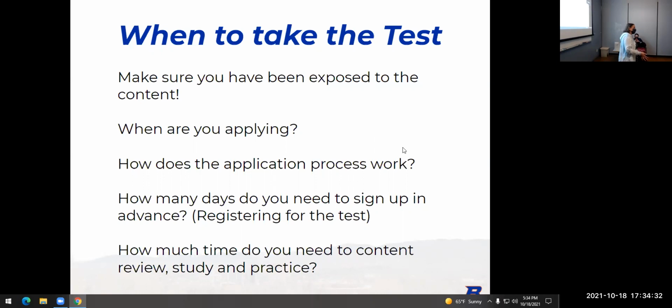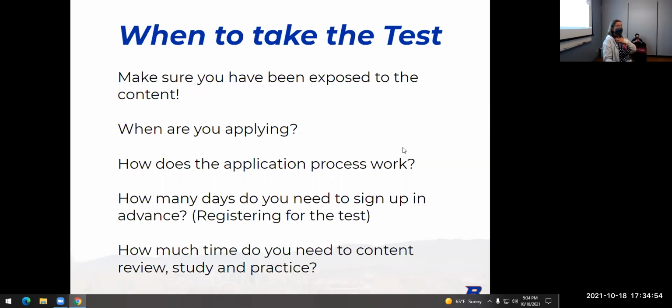Why is this important? Well, because you have 2 strategies at your disposal. Strategy number 1, you can wait for your score. MCATs take 35 days. DATs, you get your raw score the day you take the test. The benefit of that is you know exactly what you just scored.